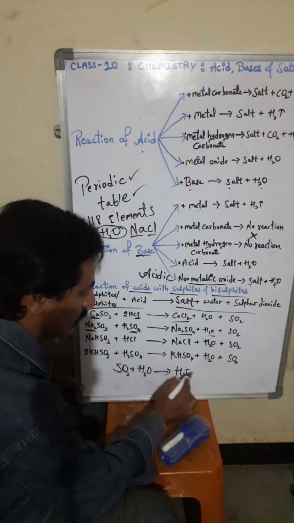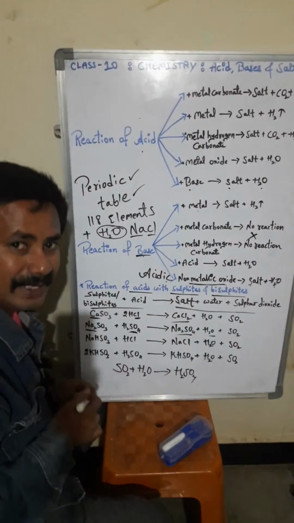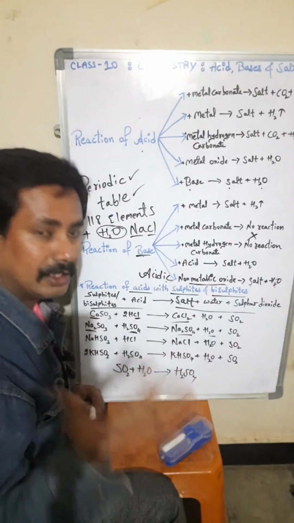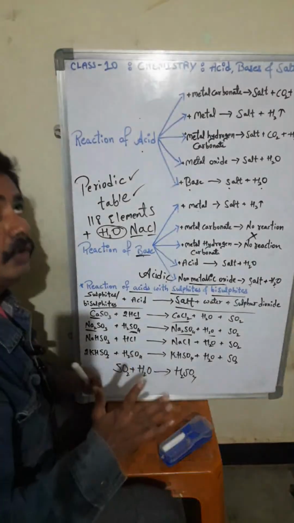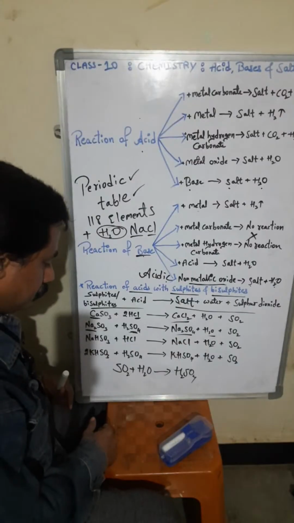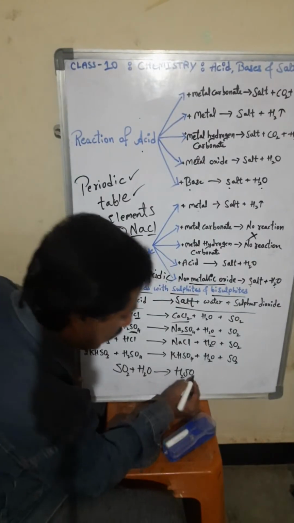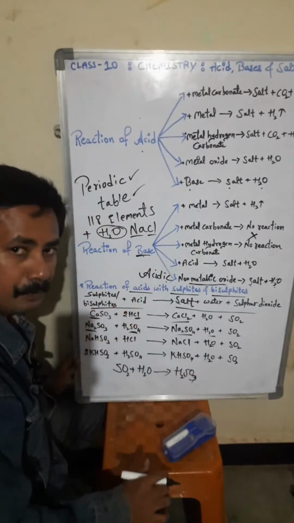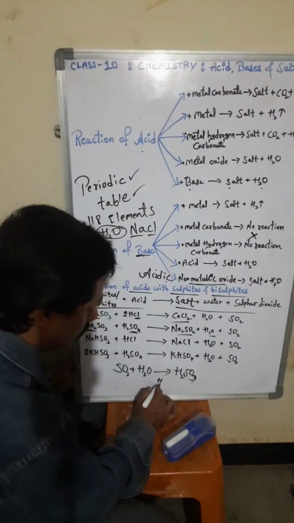Acid will form. SO2 is released from factories and industries. SO2, sulfur dioxide, goes and mixes in the cloud water. So actually H2SO3, sulfurous acid, will form. Again it will combine and become sulfuric acid.